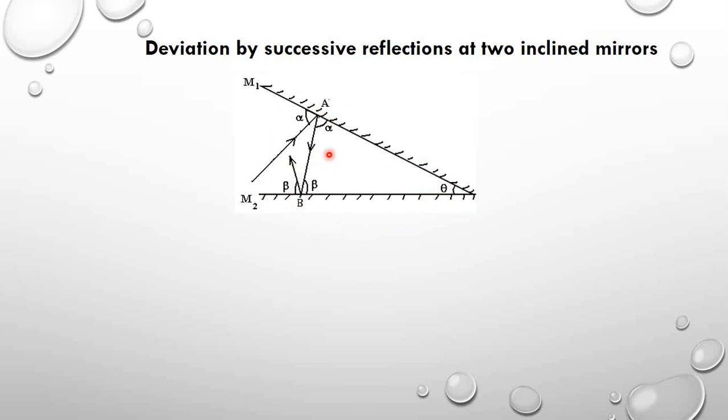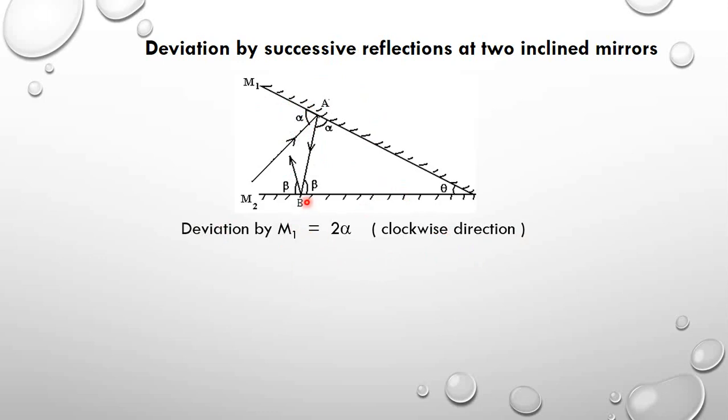So it implies that the deviation at M1 is going to be given as twice alpha, since alpha is the glancing angle of M1. This is in the clockwise direction. We are measuring this in the clockwise direction.